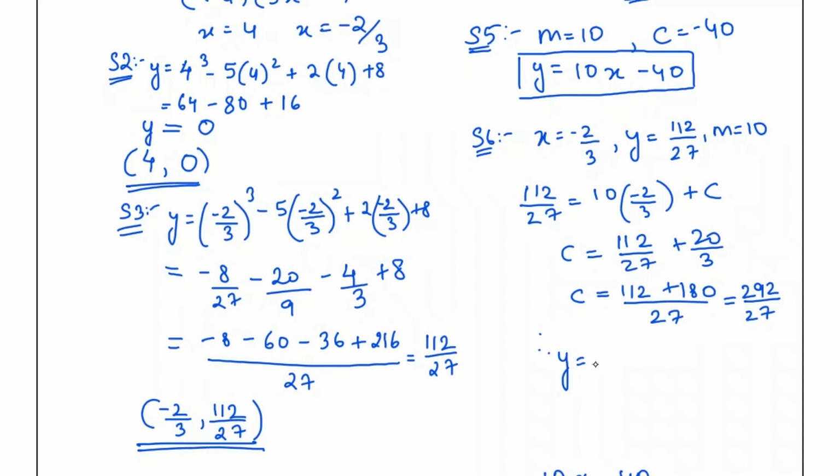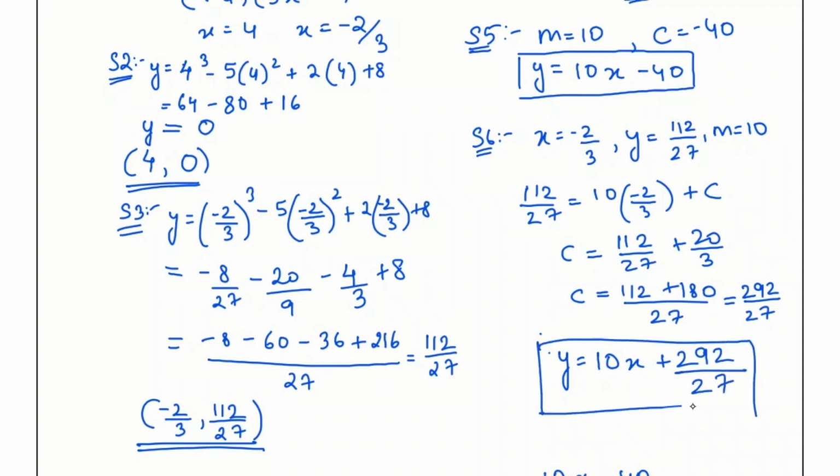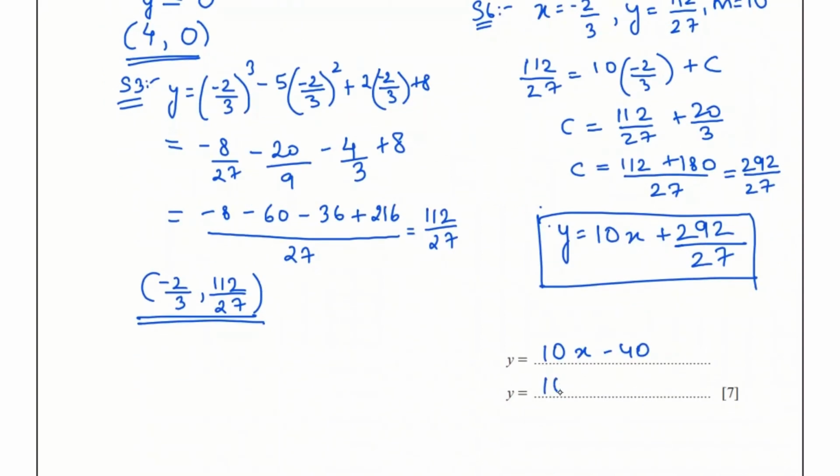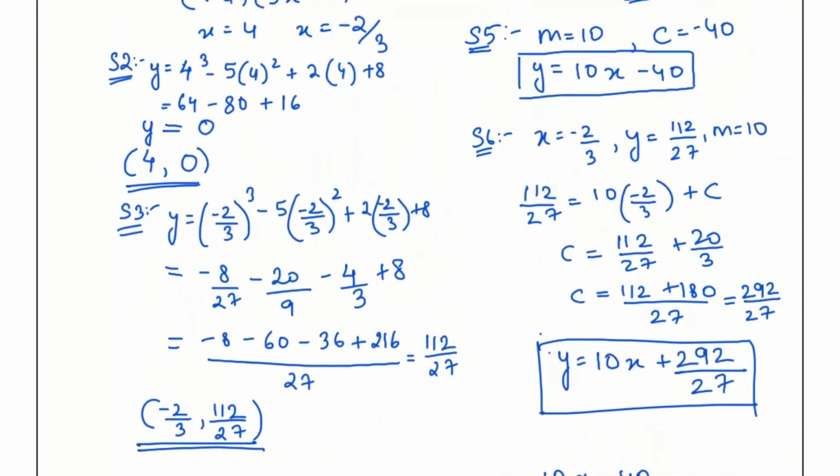Therefore, y is equals to 10x plus 292 upon 27. So our second equation is 10x plus 292 upon 27. I hope this whole calculation is clear.